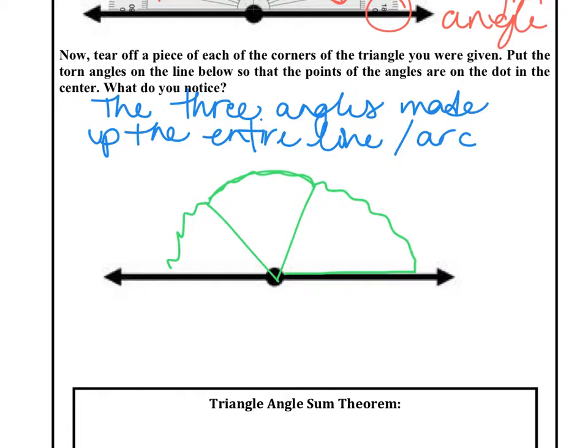They completely took up the straight angle. And so triangle angle sum theorem, which is a really long way to say it, all it says is that because this entire angle is, well, I'll continue when you guys are ready. This whole thing is 180 degrees.